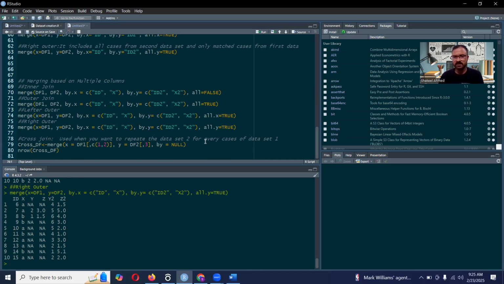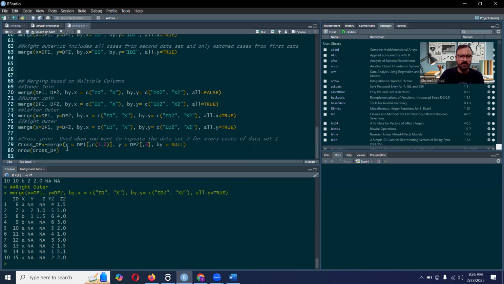Basically we want to write the data corresponding to each observation of data set one. For that purpose we use cross join.